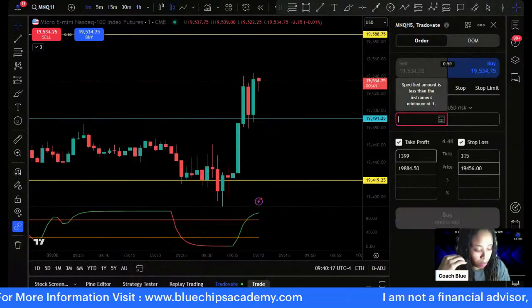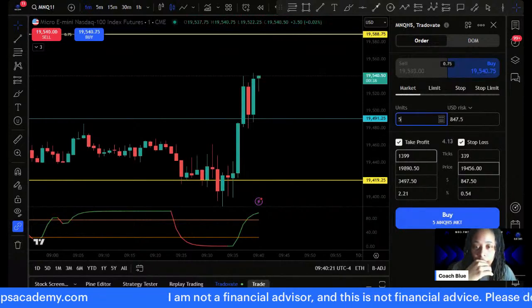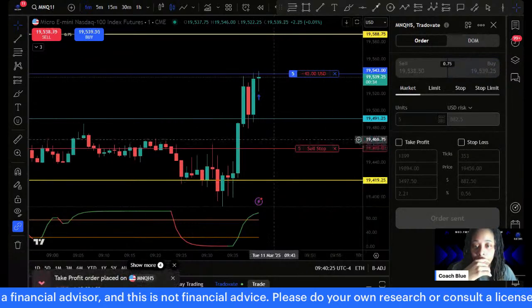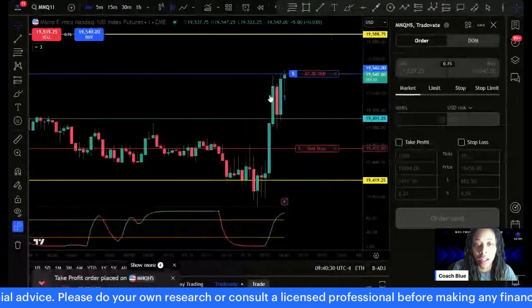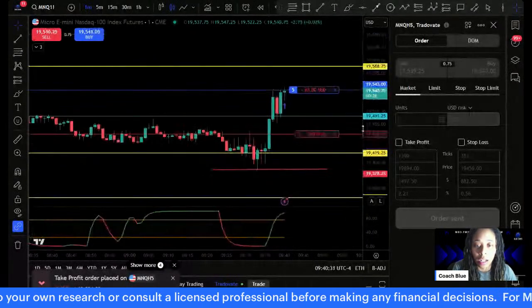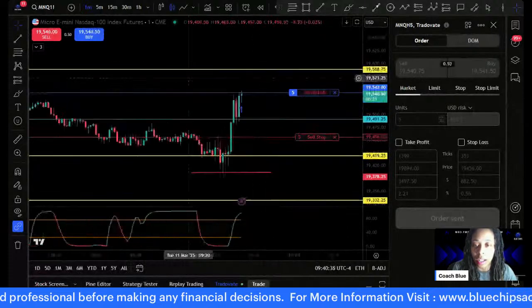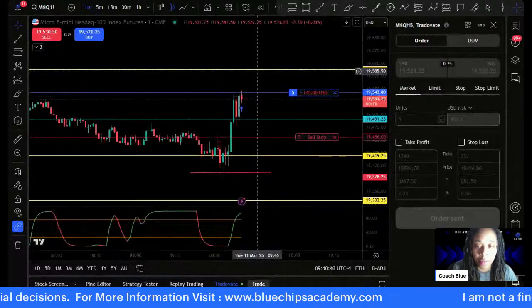Six is too much now, so let me manage that better. Okay, 5 is pretty decent. All right, I'm in a buy, guys. I am in a buy for MNQ1. For my target here, this is TP1, the 19,585 level.